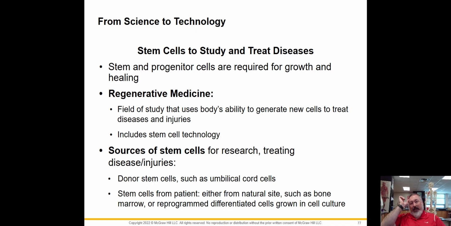So as an adult, we have stem cells in our bone marrow. Our bone marrow makes our white blood cells and our red blood cells. We'll eventually talk about the exact names of the cells that do that and how you get there. But in this process, they become these multipotent cells that can become multiple different things.